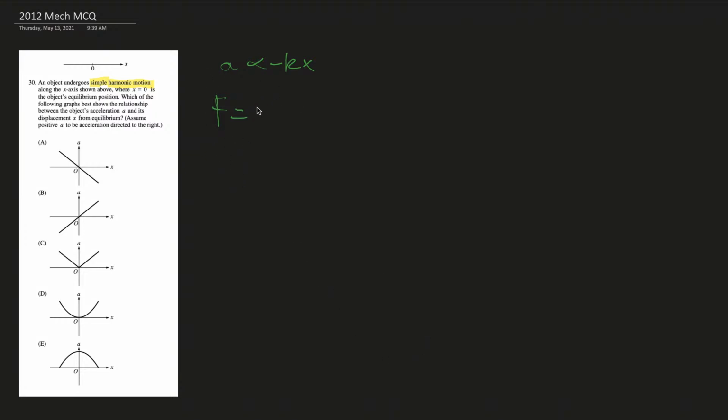And that's why the force from a spring or something is always negative kx. So if we just divide by mass to get acceleration, that tells us that the slope has to be negative k over m, which would imply that the slope has to be negative and constant, right?